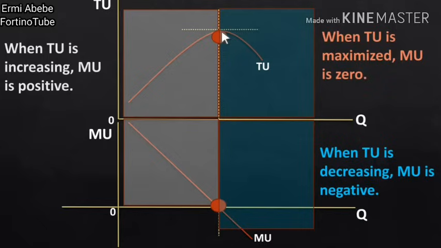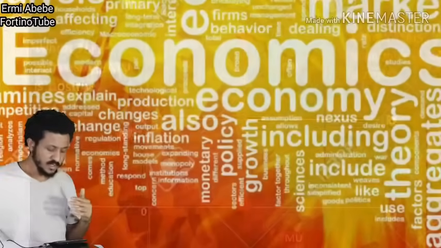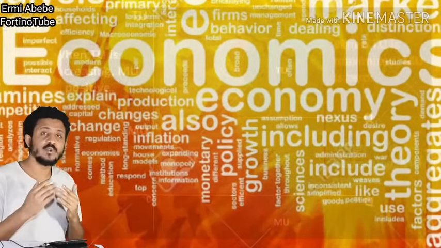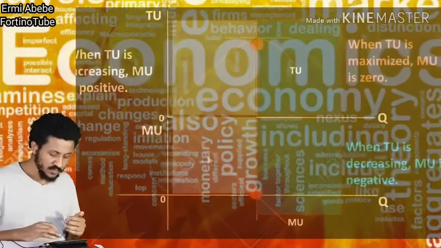So considering our income and our money, at which point shall the consumer stop consumption? Should it be here, or here, or here? We are asking for the equilibrium of the consumer.